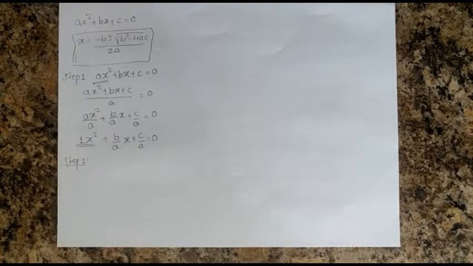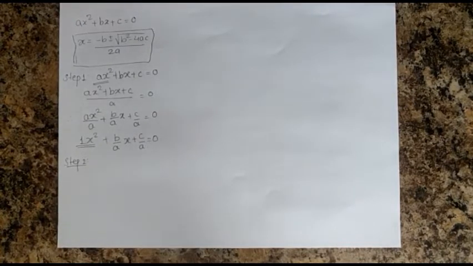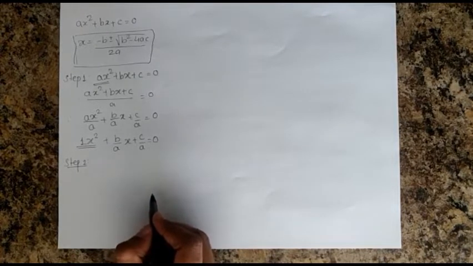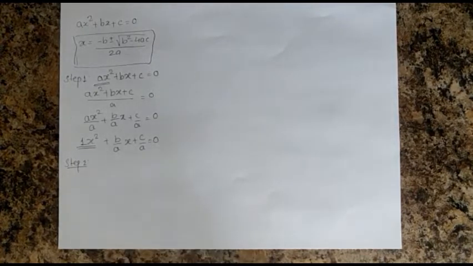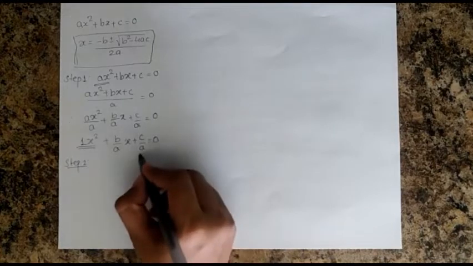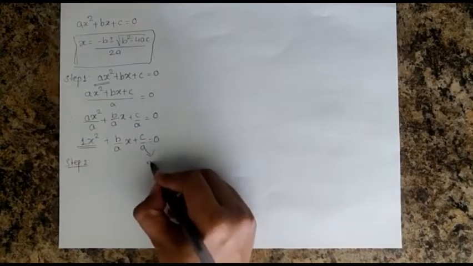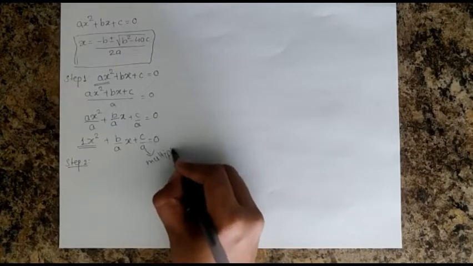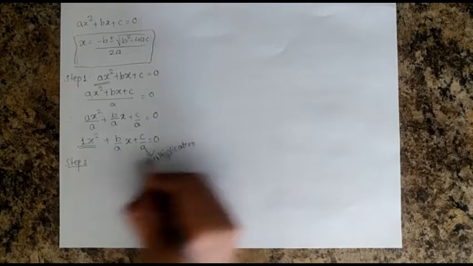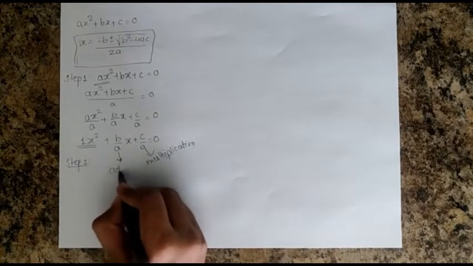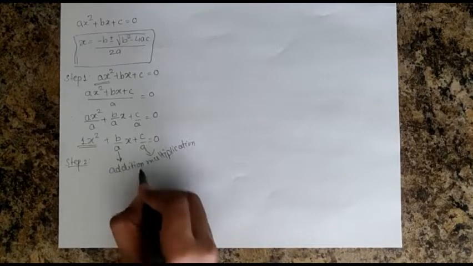What we did when we had the coefficient as 1, we tried to find the factors, which is our step number 2. Find the factors whose multiplication should be equal to c upon a and addition should be equal to b upon a.